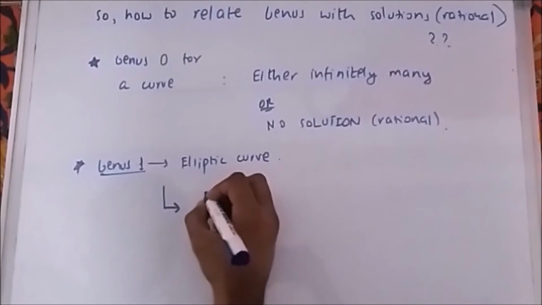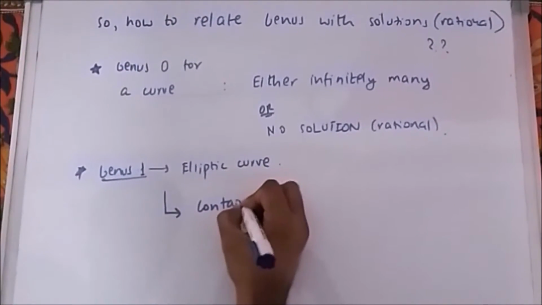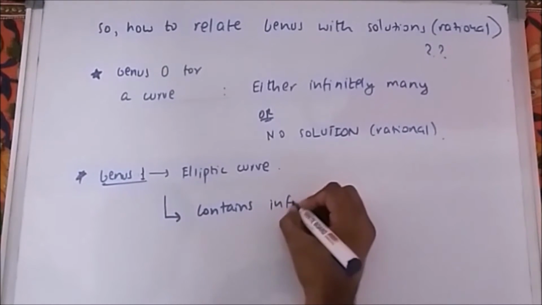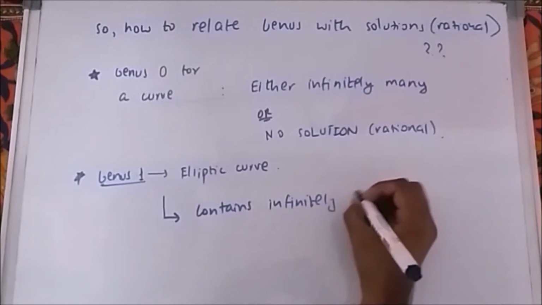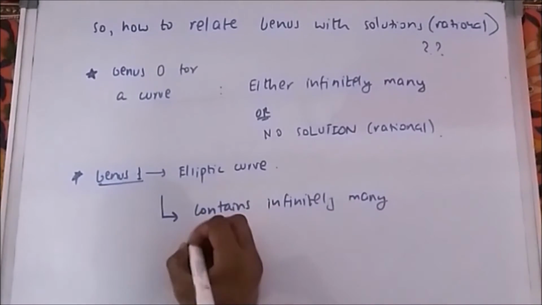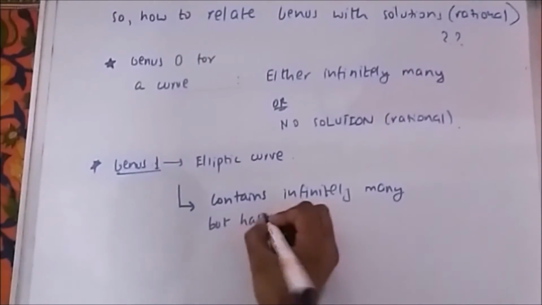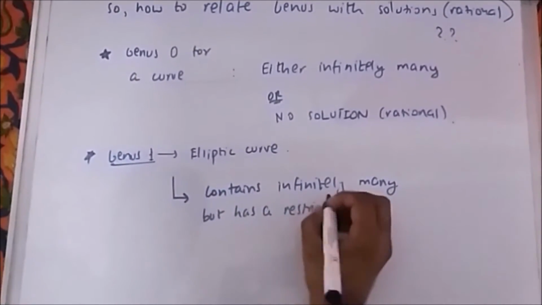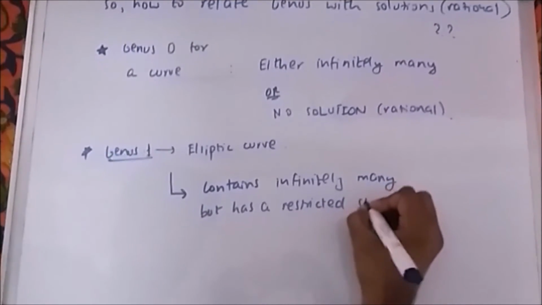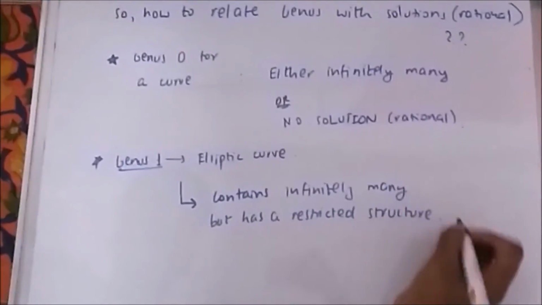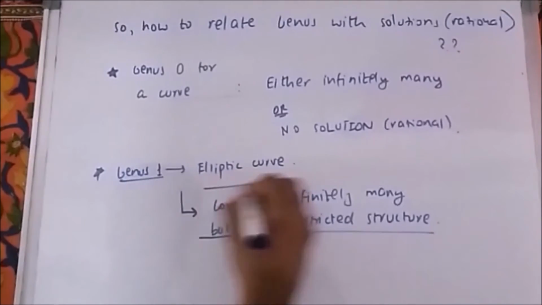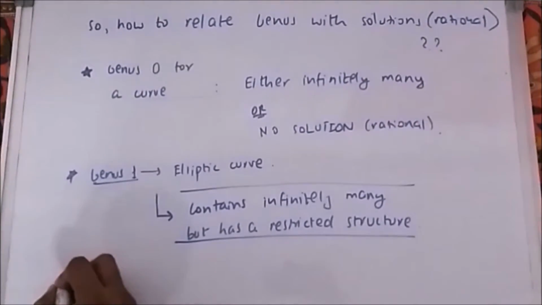Okay, so as we see, an elliptic curve contains infinitely many rational points, but it has a very restricted structure. How do I write this?